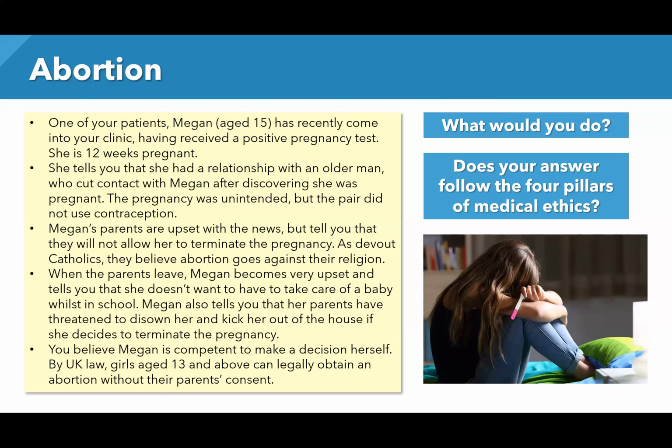We know that she's clearly not ready to go through the stress and financial burden of having a child, despite her potentially being supported by her parents. She's clearly not ready for that, and therefore that would have a massive impact on her life and her prospects for the future. We also know that perhaps if she did decide to go ahead with it, she would be kicked out of the house by her parents, and that again would have a very negative impact on her.